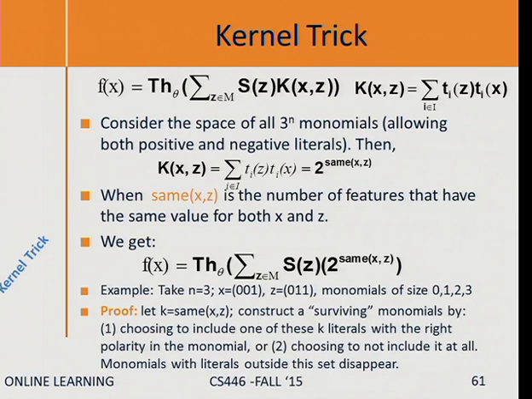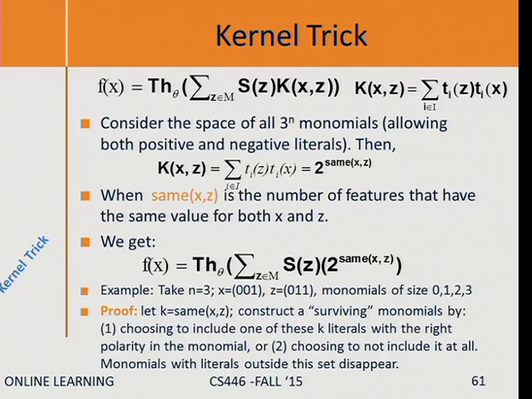So here is one way to think about it. Let's assume that k is the number of bits that are common to x and z. I'm going to construct a surviving monomial that will survive the dot product, will be on here and here, in the following way. I'm going to choose to include one of these k literals with the right polarity in the monomial.